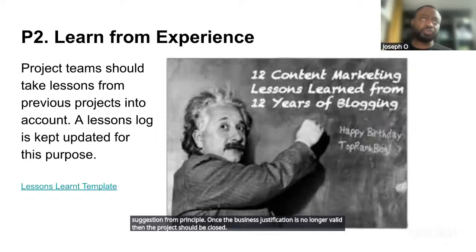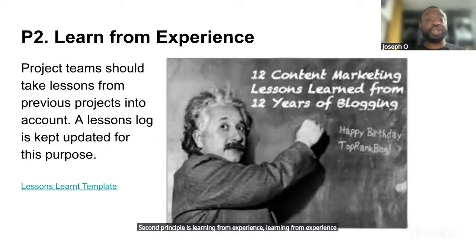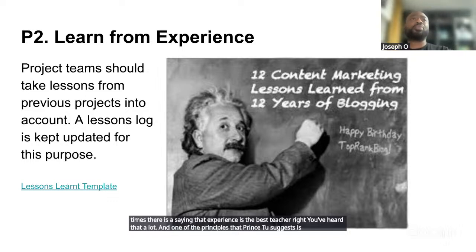Second principle is learning from experience. Many times there is a saying that experience is the best teacher, right? You've heard that a lot. And one of the principles that PRINCE2 suggests is that our project teams should always learn from previous projects.